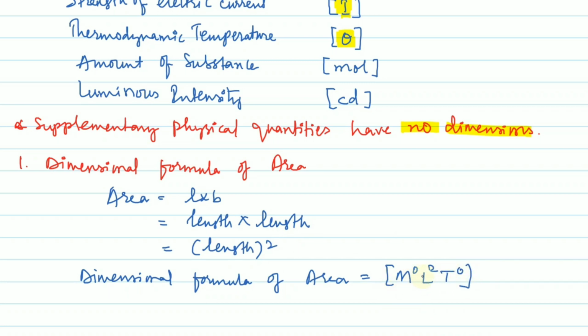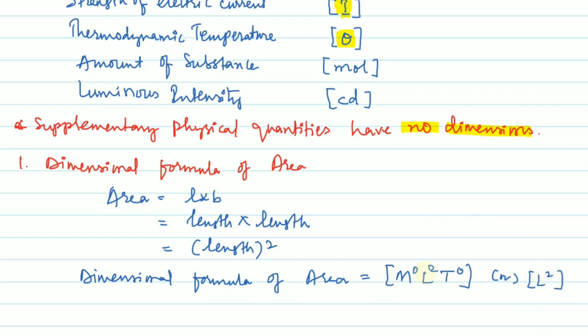The fundamental quantities which are not in this dimensional formula are simply 0, right? So M to the power 0 is nothing but 1, and T to the power 0 is nothing but 1, and simply the dimensional formula of area is L square. You can even represent this as L to the power 2.